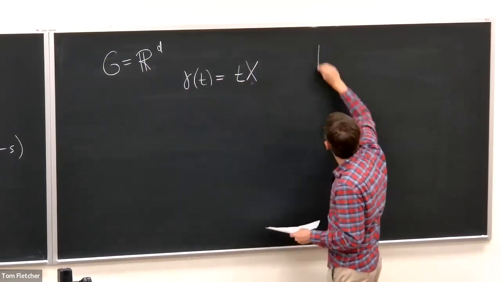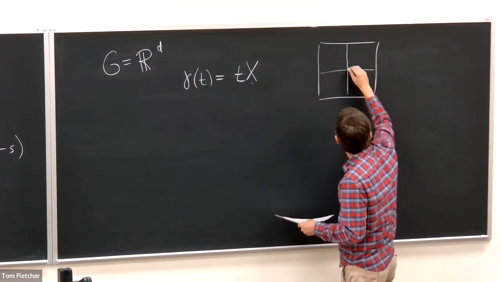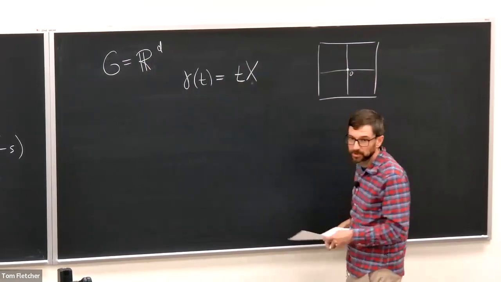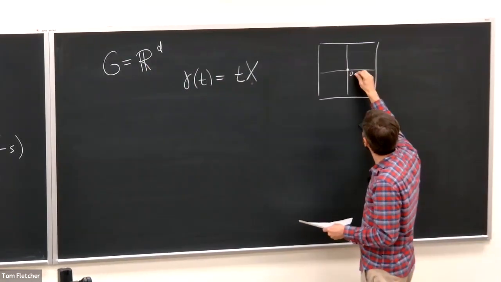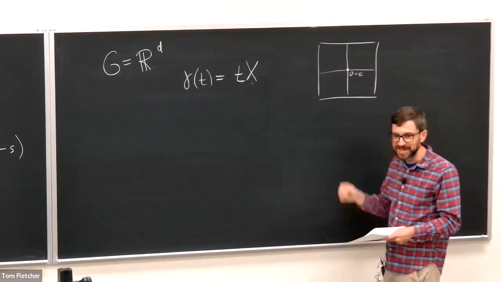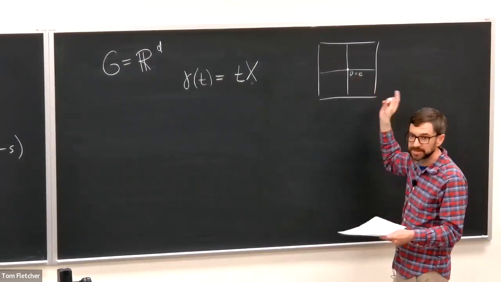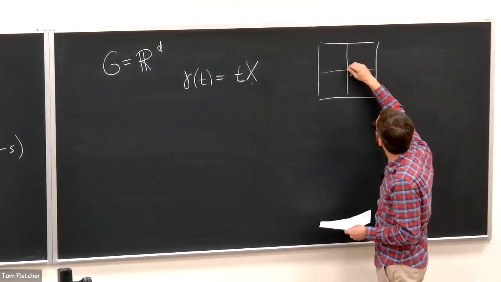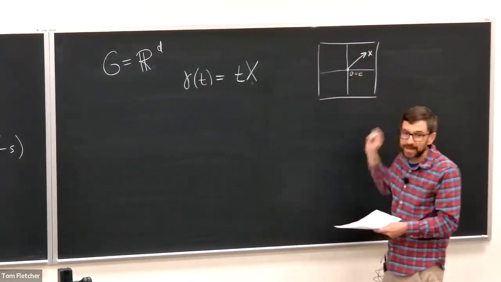So let's look at an R2 kind of drawing. If I'm at 0, the origin, that's my identity, that's E. It's a little confusing because we're used to E being Euler's number from the exponential, but the identity element is the 0 vector. A tangent vector at the identity is just a vector anchored at 0.